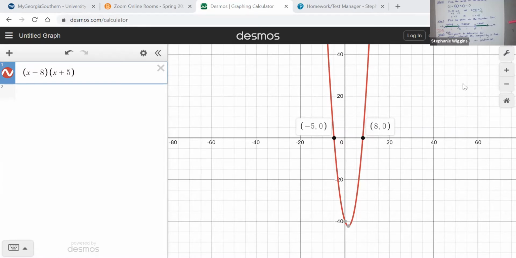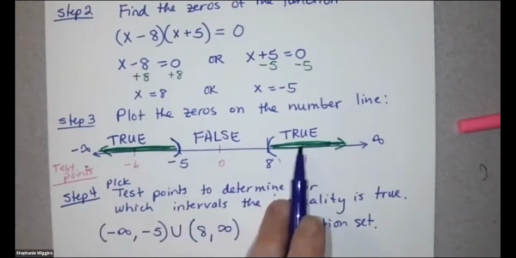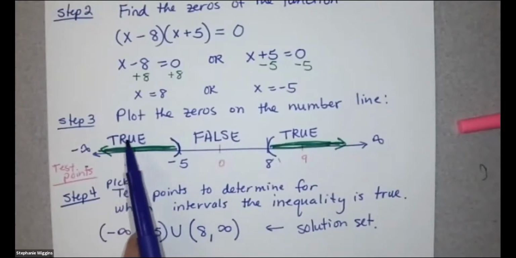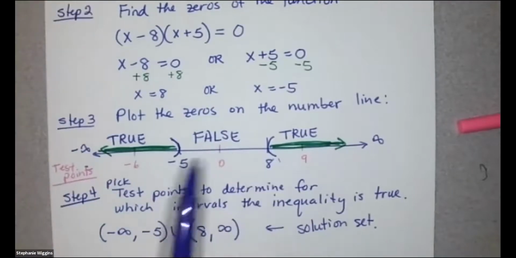And when I'm doing this testing on the interval, true, false, true, I'm asking the what. So I'm looking at y values, and therefore I take the -6 and I plug it into my function, and that gives me the y value, and then I can analyze, is it true? All right, so this is the what's happening, and then I graph the where. Okay, I hope that helps to keep it straight in your mind.